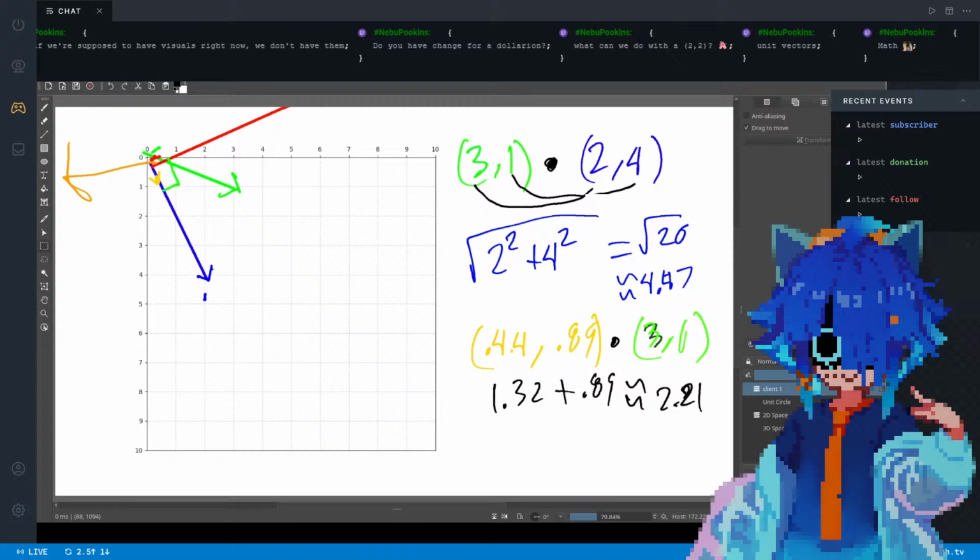And what does this 2.21 tell us? Well, if we multiply 2.21 by the orange unit vector, so if we make it 2.21 times longer, it turns out that that vector is what you get when you project the green vector onto the blue vector.